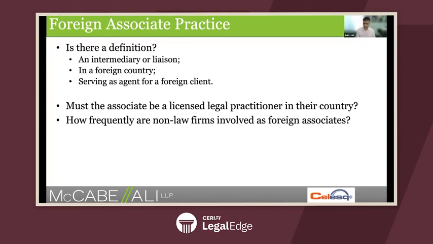There are some things that you should do to make sure that you're protecting the mutual client. So let's say we're representing somebody from Japan. Let's say it's Sony. A law firm in Japan comes to you and says, we would like to have you file a trademark application in the US on behalf of Sony. Normally, I would say, well, I want to talk to the actual client or the client representative.